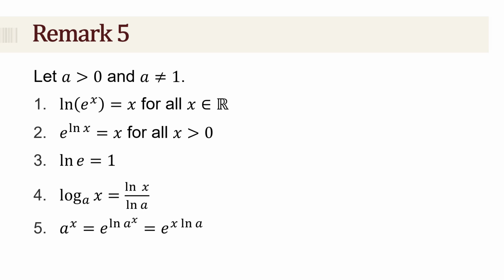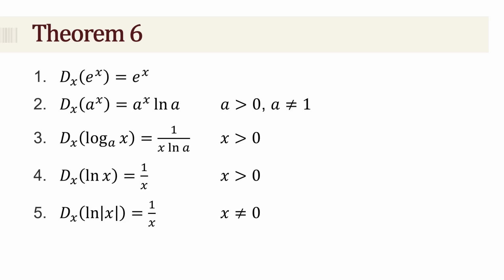And ln of e is equal to 1. Number 4, the log of x to the base a is equal to ln x over ln a. And finally, a raised to x is equal to e raised to ln a raised to x, which equals e raised to x ln a.